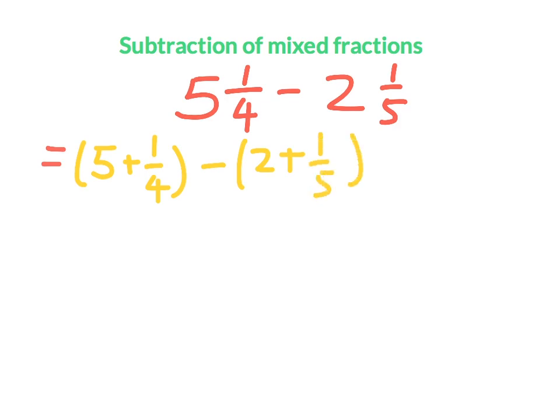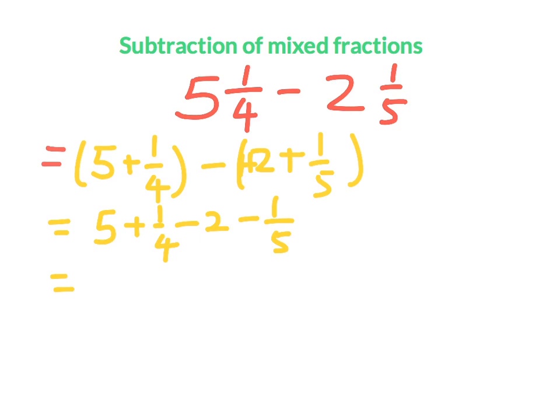Okay, so remember the signs affect whatever is in the bracket. So 5 plus 1 over 4 minus 2 minus 1 over 5, because minus multiplied by plus gives us minus. Okay, so remember there's a plus sign here, even though it's not written.